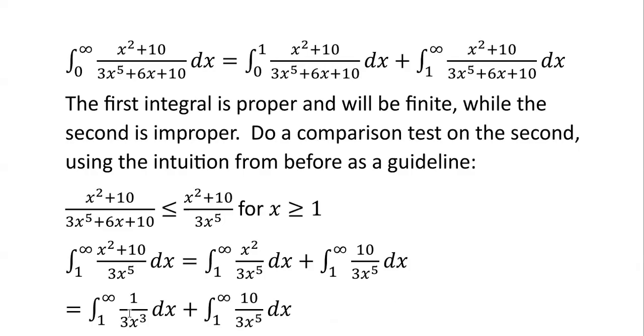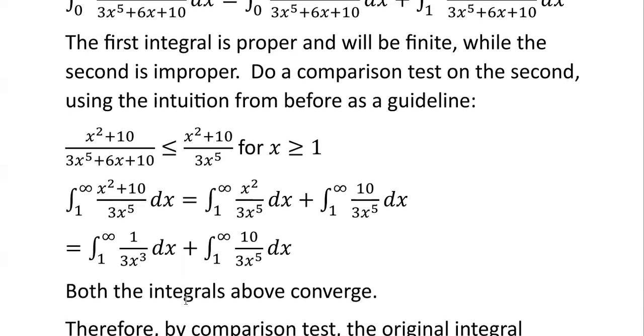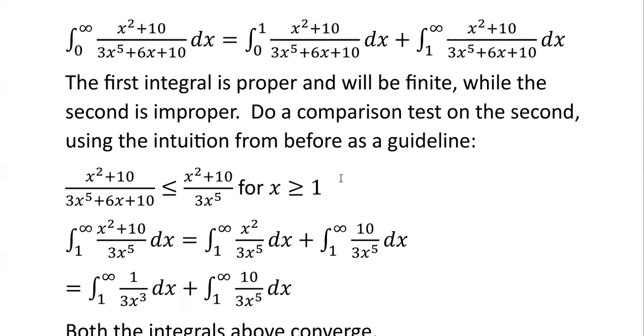We know both of these converge because the power of x at the bottom is bigger than 1. If it's bigger than 1, it converges. So both integrals converge. Therefore, by the comparison test, to be more precise, this one converges, and now both pieces converge and are finite, so our original integral converges as well.